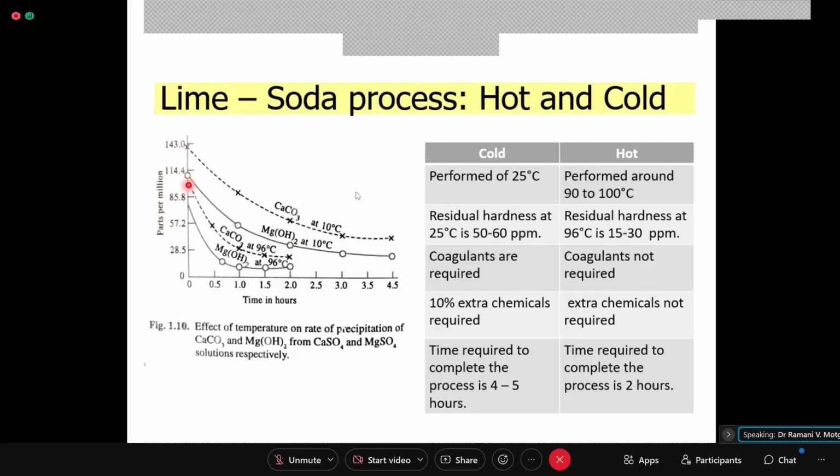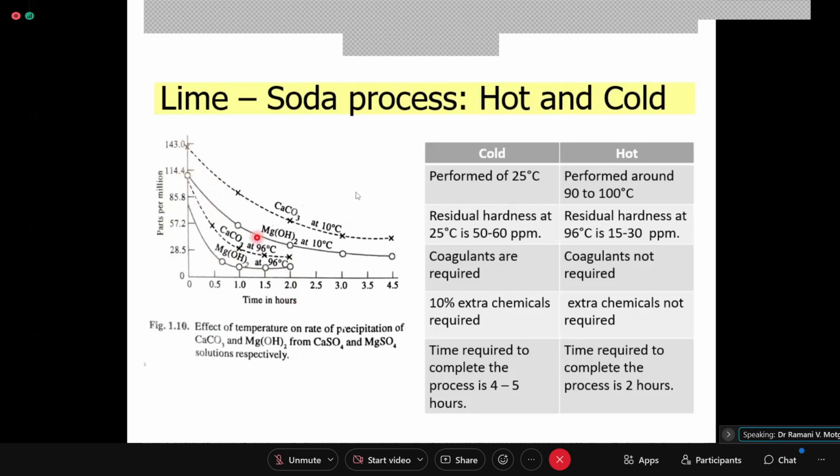Whereas in hot condition at 96 degrees centigrade, calcium carbonate graph is like this. In 2 hours, it is removed and it is less than, say, 28. So you can say that it is 25 ppm, and magnesium hydroxide is still lesser, around 15 to 17 ppm. So the hot process is completed in 2 hours time.